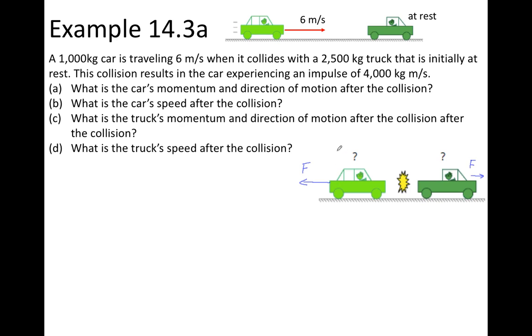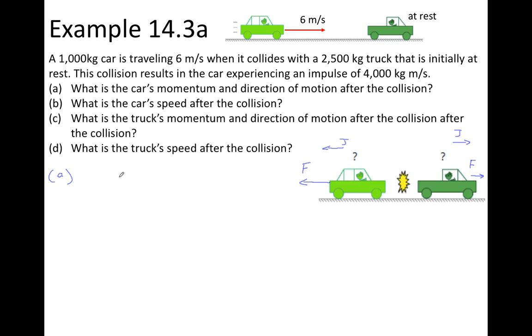The impulse on each vehicle is going to be in the direction of that force. So the car will experience a backwards acting impulse, and the truck will experience a forward impulse.